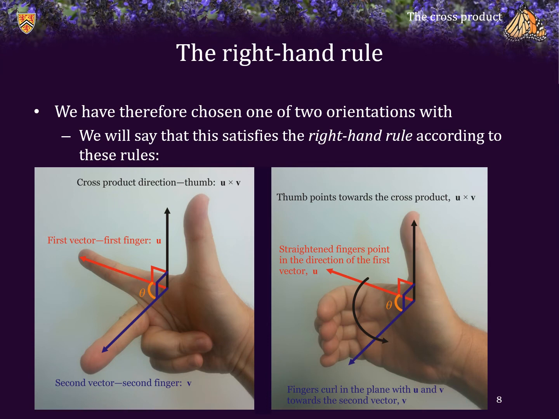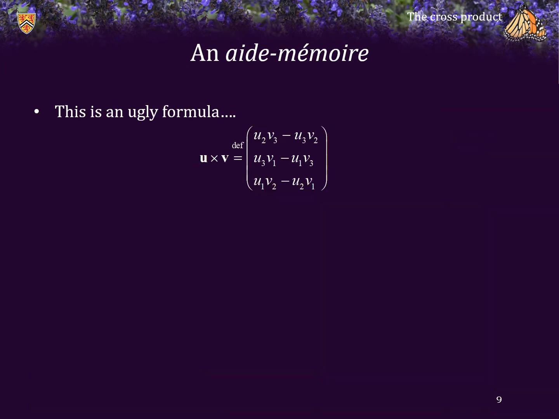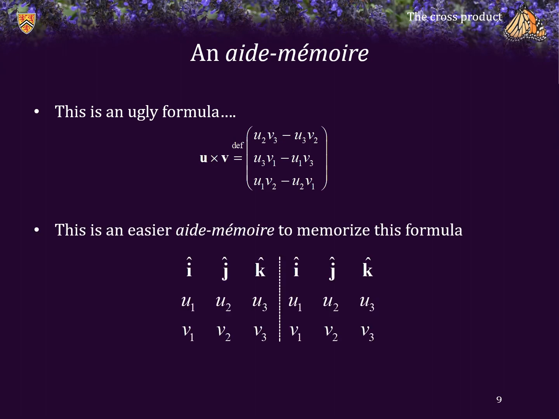Once again, it's important that when we curl, we are curling in the direction of the smaller of the two angles. Now, this is an ugly formula to remember, and the right-hand rule doesn't really help. Here is a much nicer aide-mémoire for this formula.